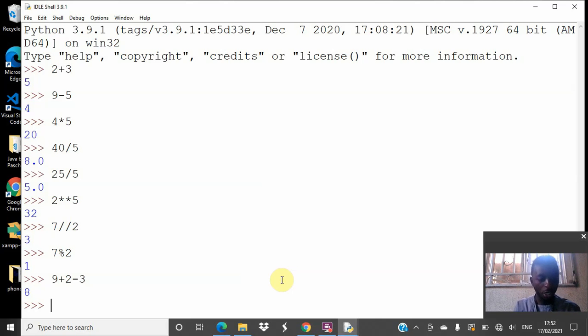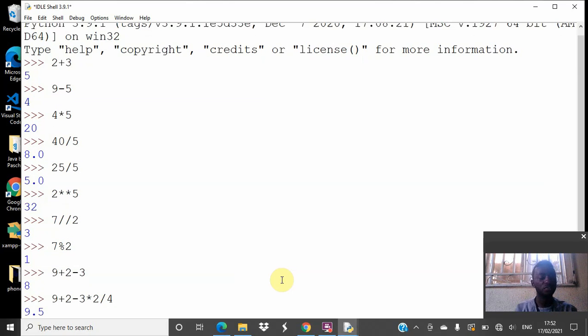Now, for an expression such as 9 plus 2 minus 3 multiplied by 2, divide by 4.